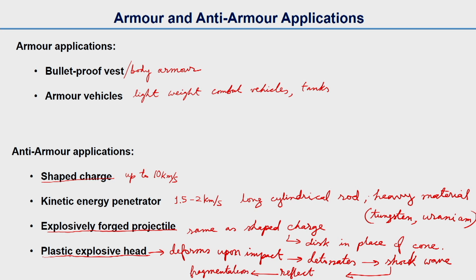This is done with the help of a phenomenon called spalling. We'll discuss it later. So basically the plastic explosive head deforms upon impact and detonates, and the shock wave propagates and reflects back from the inner surface of the armor, and that leads to fragmentation with the help of a phenomenon called spalling.